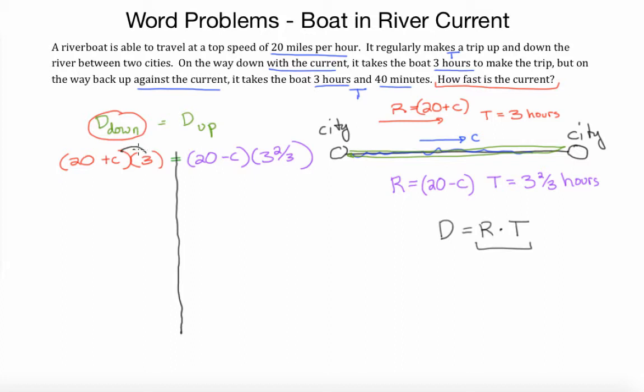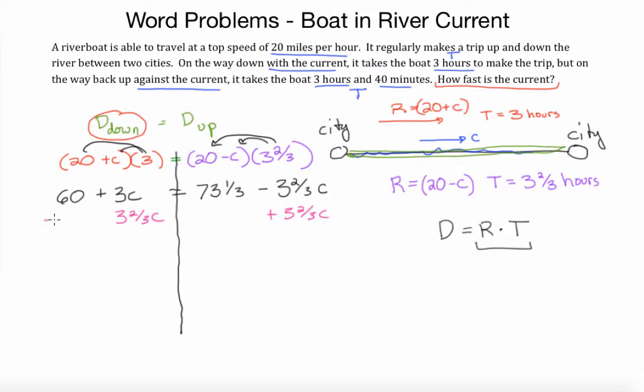I'm going to distribute the 3 to get 60 plus 3C, and I'm going to distribute 3 2/3 to get 73 1/3 minus 3 2/3 C. All right, I've got C's on both sides, so let's add 3 2/3 of C to both sides.